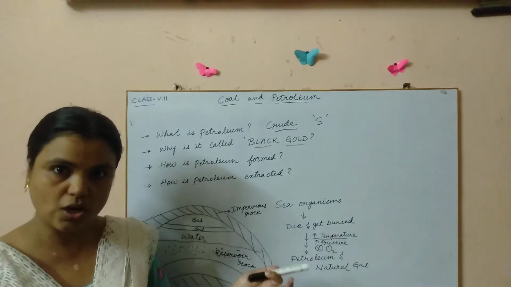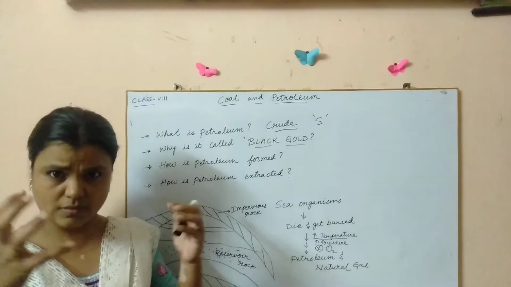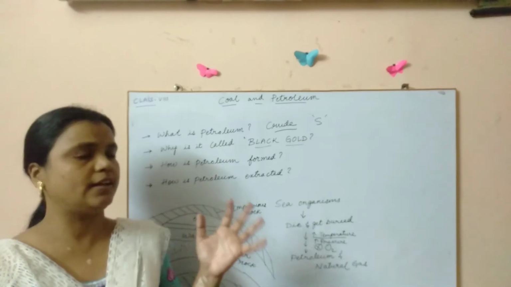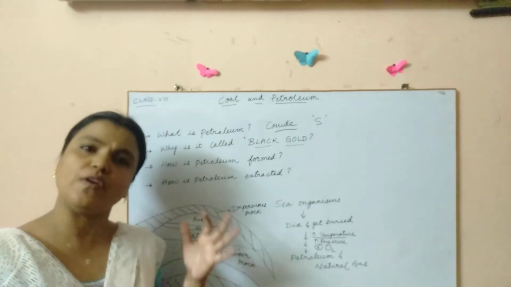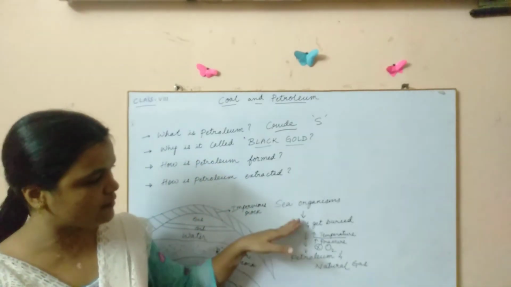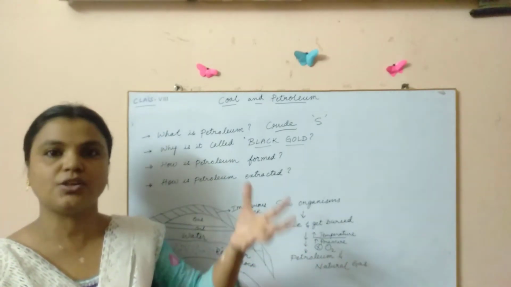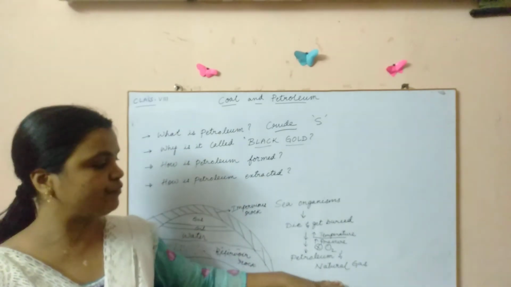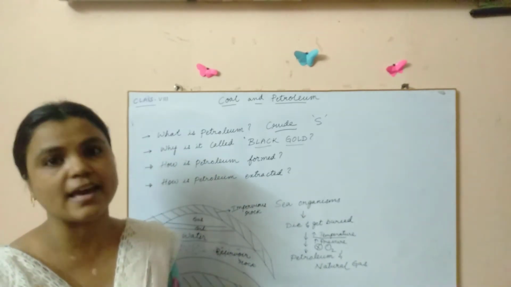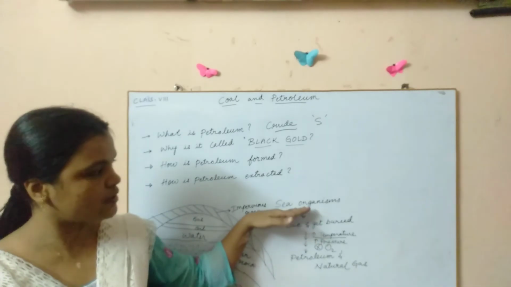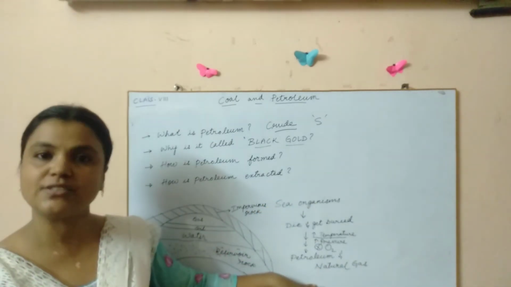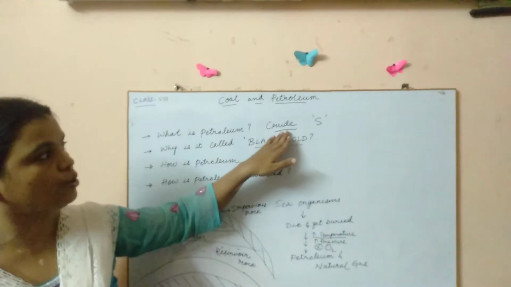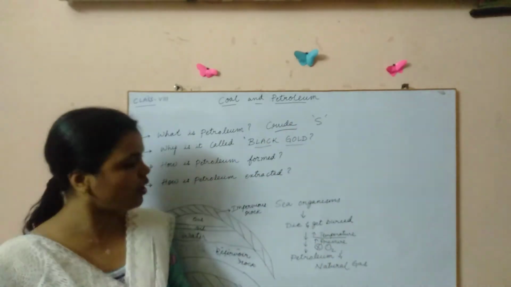Oxygen supply also will not be there, and because of this, slowly, and this does not happen in a very short period of time, it takes a very long period to get transformed into a dark colored viscous fluid, which is nothing but petroleum. Along with the petroleum, what we get is natural gas, children. So did you understand how the sea organisms, when they die, get transformed into this viscous fluid, which is nothing but petroleum, or crude oil? It's called crude oil.